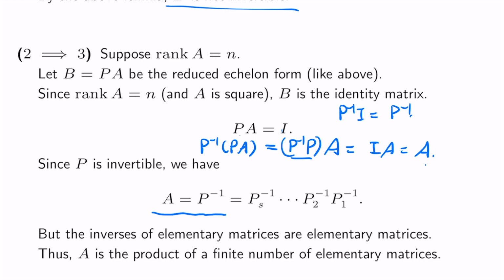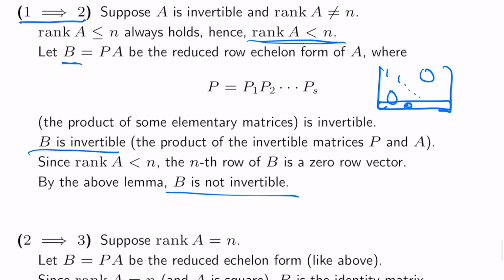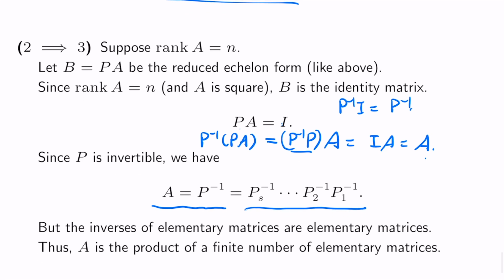But P is equal to this. So the inverse of a product is the product of inverses, where the order of the product is reversed. So if we have defined P in this way, then P inverse becomes this.